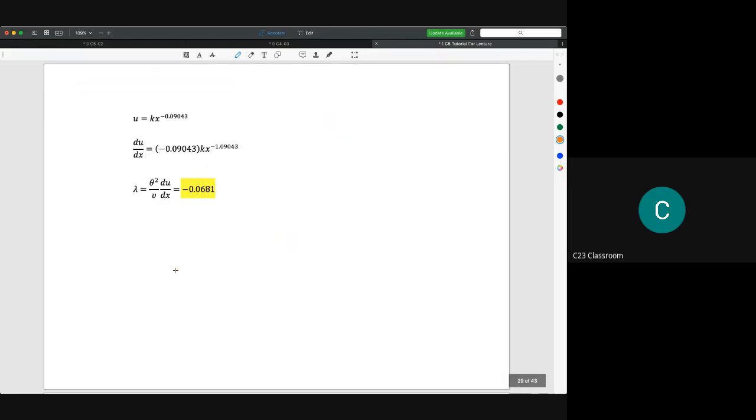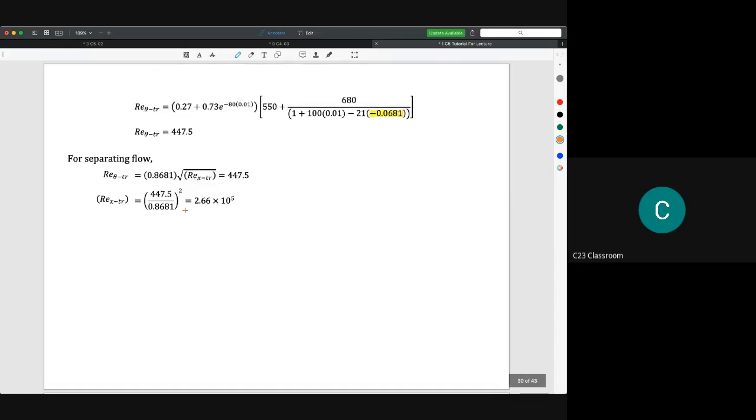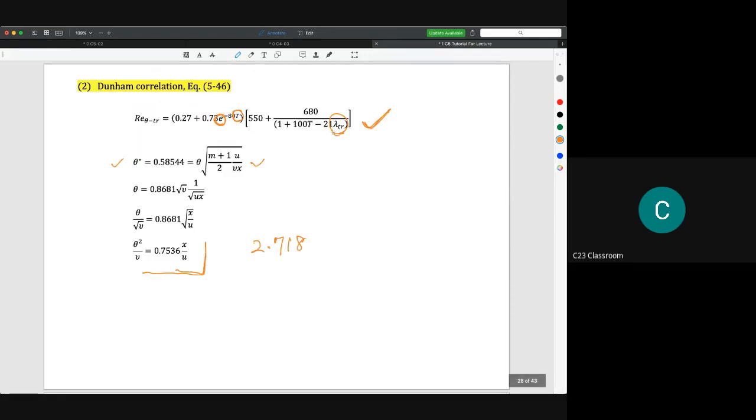Then we could calculate the value of u equal to kx, as in the previous calculation, and we have du dx here. So we have this one, and then lambda is equal to negative 0.0681. We substitute everything here, so we have the lambda here and the value of t.